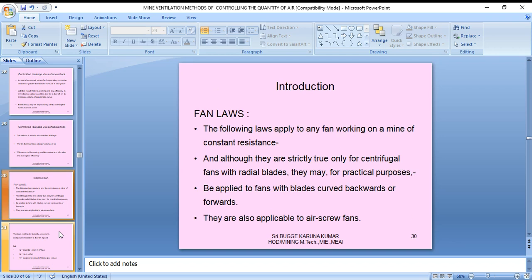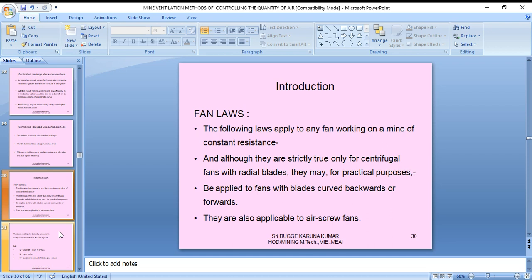There are losses. There are standardized fan laws, interrelations between quantity, pressure, and fan speed. When we require high pressure, what are you doing? When we require high quantity, what are you doing? These are the general standardized fan laws.